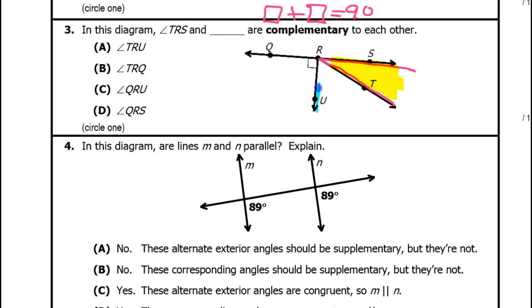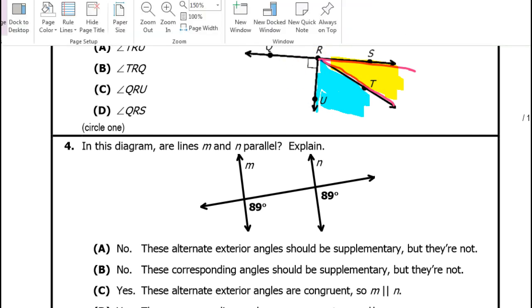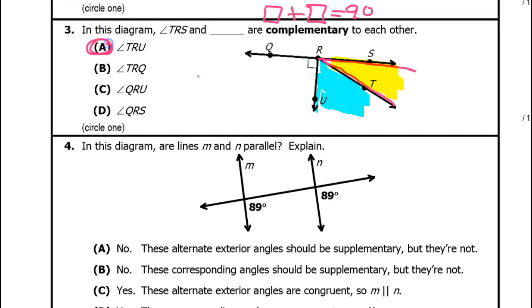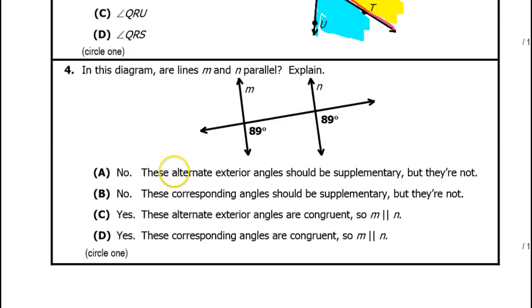And I'll use blue again. I can see that this blue angle together with the original angle makes 90 degrees. I can tell because I see the box over here to the left, which means that this has to be 90 degrees over here to the right as well. So that is angle URT or angle TRU, true. So that's why the answer is A. Alright, the blue angle right there.